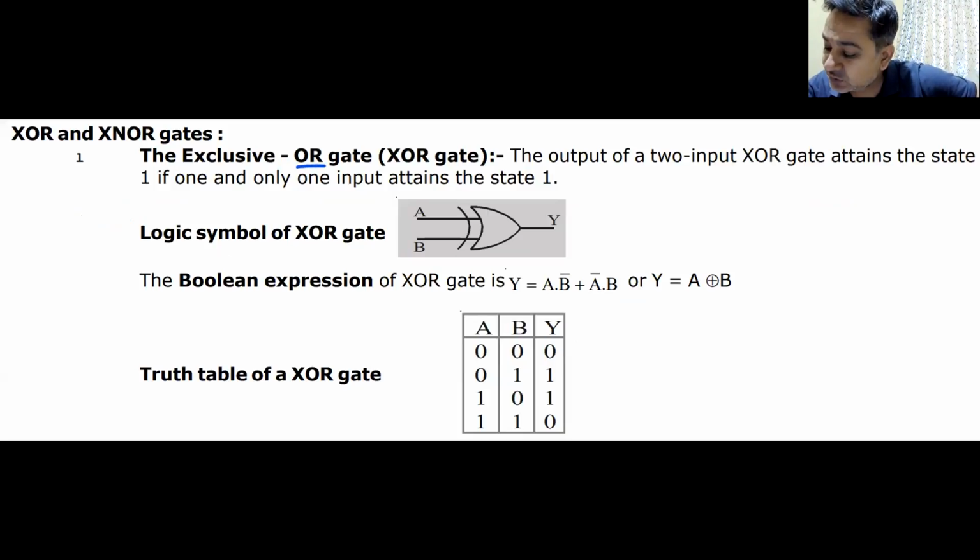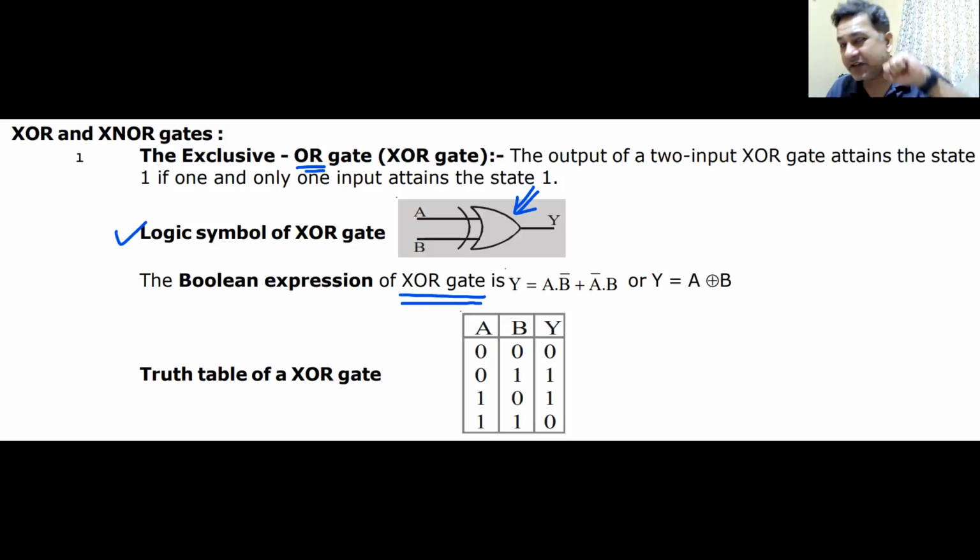So this is the exclusive XOR gate. The logic symbol of the XOR gate is like this. You will have to remember this, beta. Will you remember this? Yes, sir.